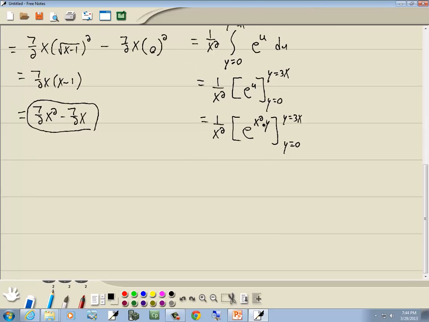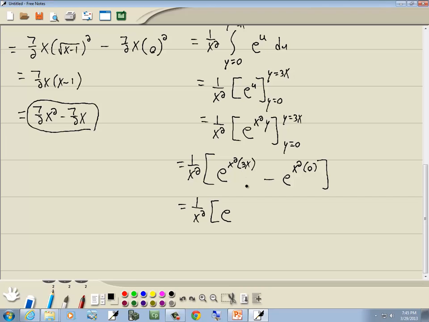We're replacing the y. So this becomes 1 over x squared, and then e to the x squared, and we're replacing the y here with 3x, minus e to the x squared, and replacing the y with 0. Which gives us 1 over x squared times e.